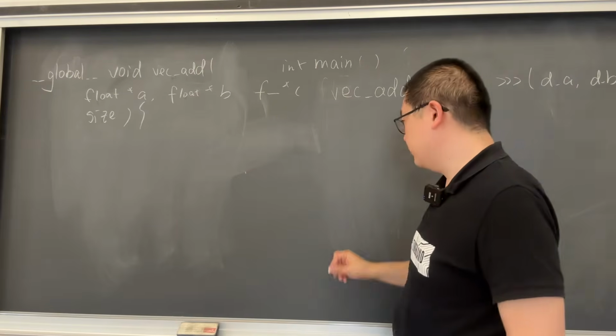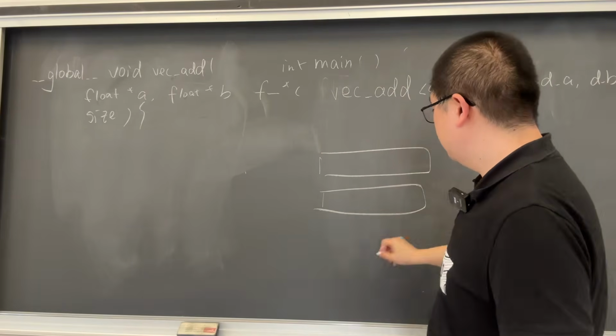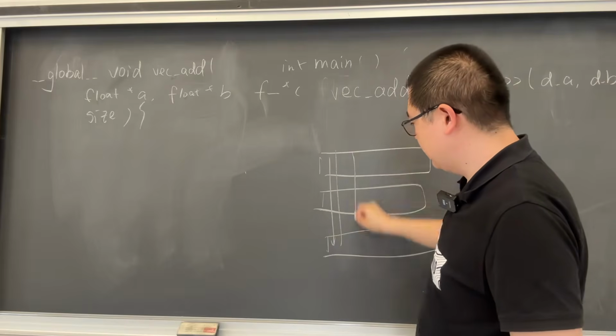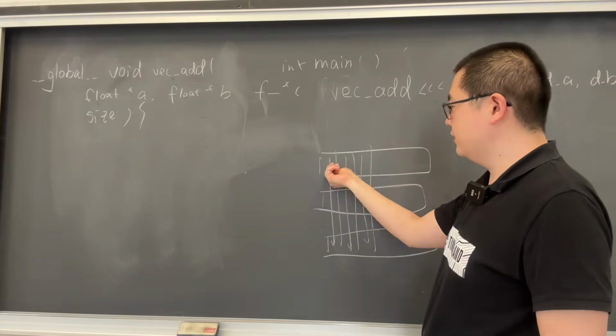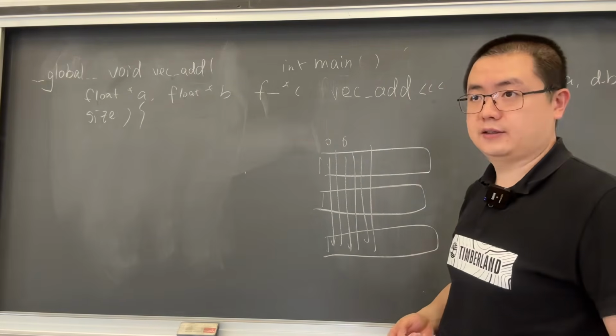Then an easy way to consider this problem, since we have a vector add example, is that we are adding these numbers together, right? There's no interference to calculate this part and this part. So they're totally independent, right?